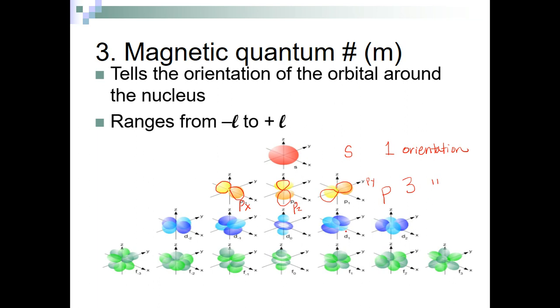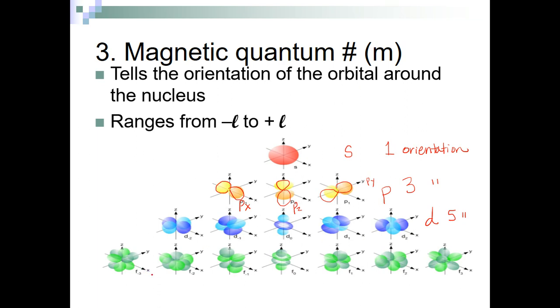There's 3 orientations. Now, the d and the f orbitals get a little more complicated, but the d orbitals, I want you to notice, these are your d's. There's 1, 2, 3, 4, 5 d orientations they can take around the XYZ axis. So they have 5 orientations.